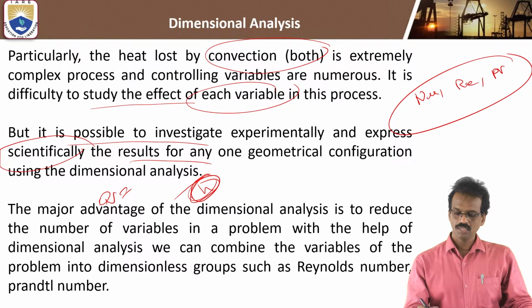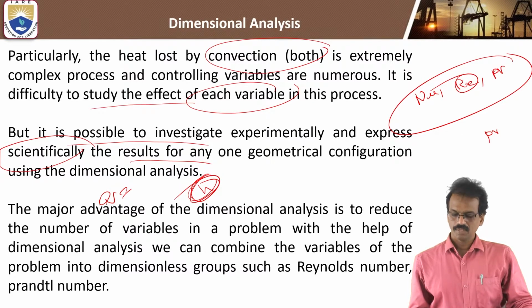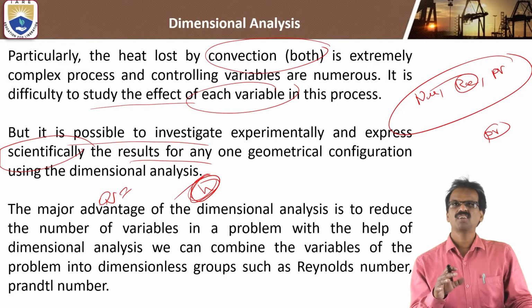For natural convection there is no Reynolds number. One more number is there. By using those numbers we can explain the free convection process.